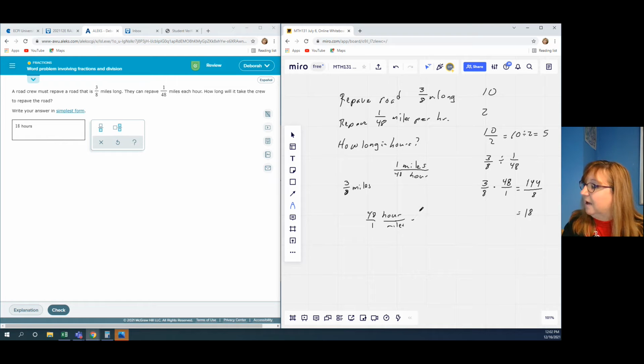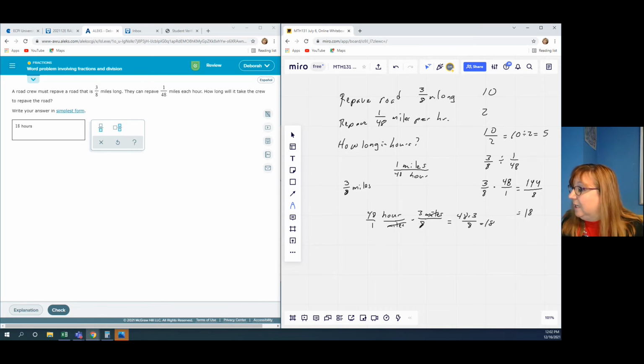If I multiply that by 3/8 miles, which is just over 1 since it's just miles, not per anything, the miles will cancel. And again I get 48 times 3 divided by 8, which is 18.